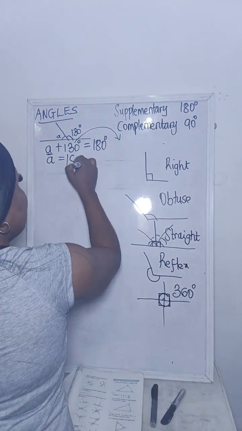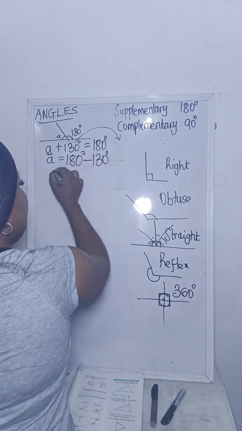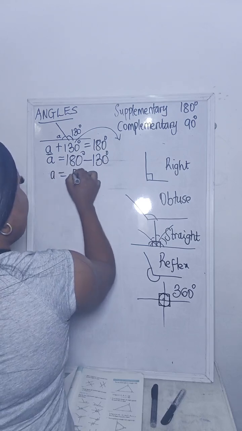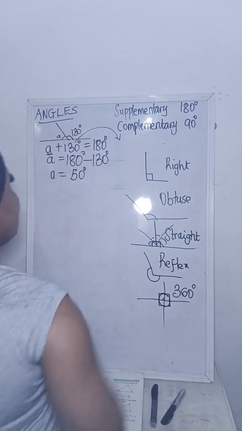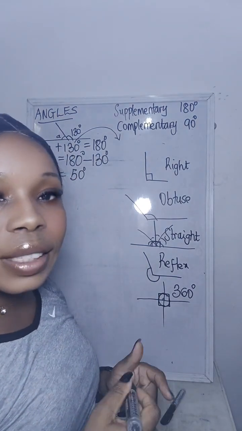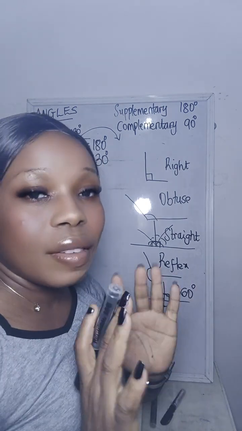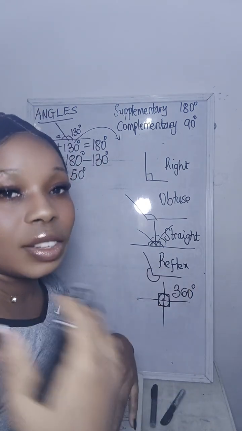When it comes over to this side, it becomes negative 130 degrees. And when we subtract, we get 50 degrees. So the missing angle here is 50 degrees, because 50 plus 130 would give you 180. I'm starting from the very simple one so that we can progress as we go.